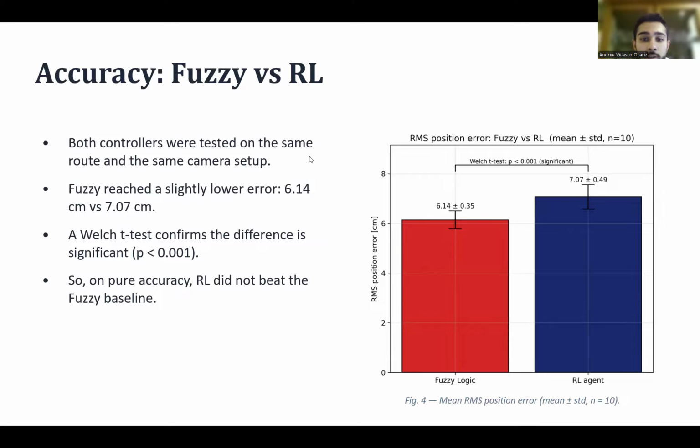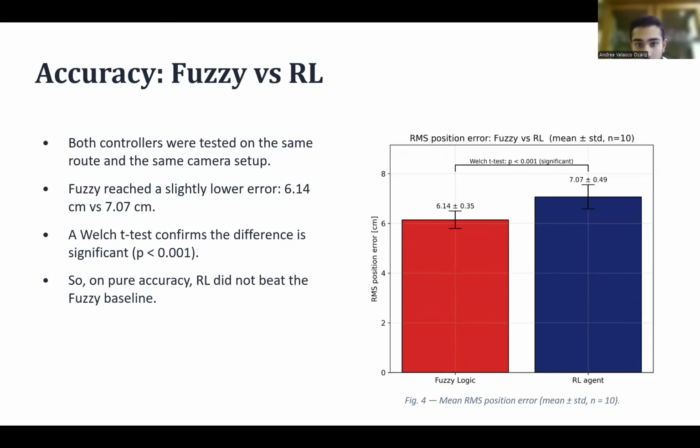The fuzzy controller reached a slightly lower error of 6.14 centimeters, and a Wilcoxon test shows that this difference is statistically significant. In other words, RL did not improve the tracking accuracy over fuzzy, but its advantages were on the other side. It finished the route in about half the time, with a lower maximum error and with much more consistent times.